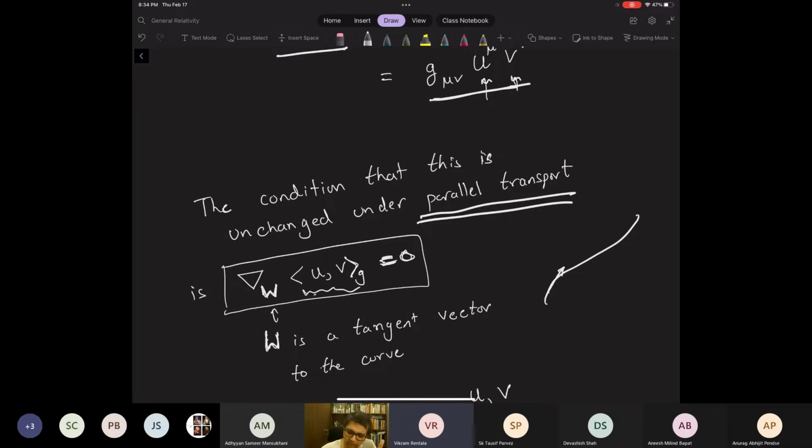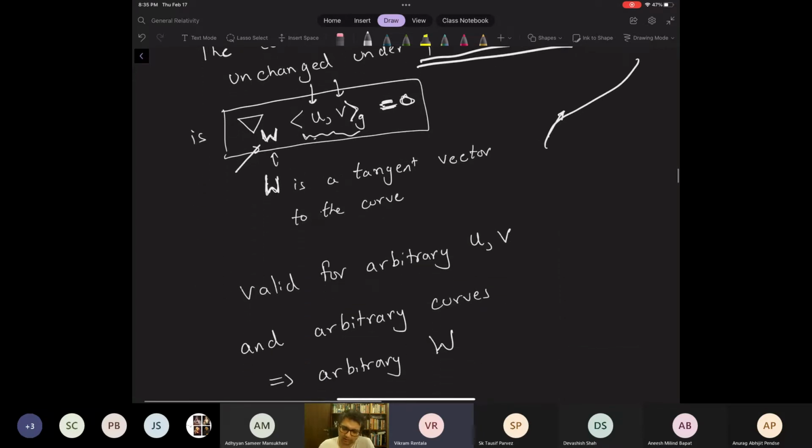That is, there should be no change in that inner product as I move along this curve. Now, since this is true for arbitrary curves and arbitrary vectors, this must be satisfied for any choice of w, u, and v.